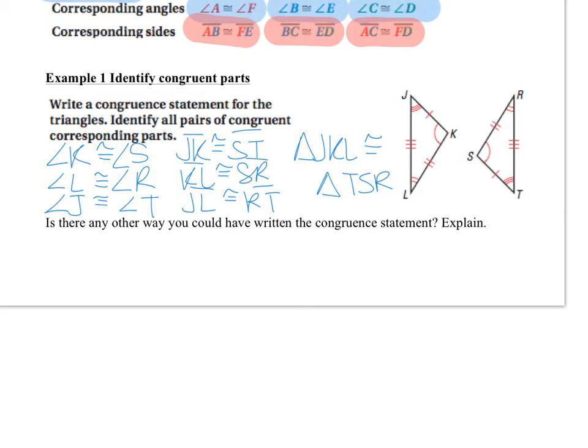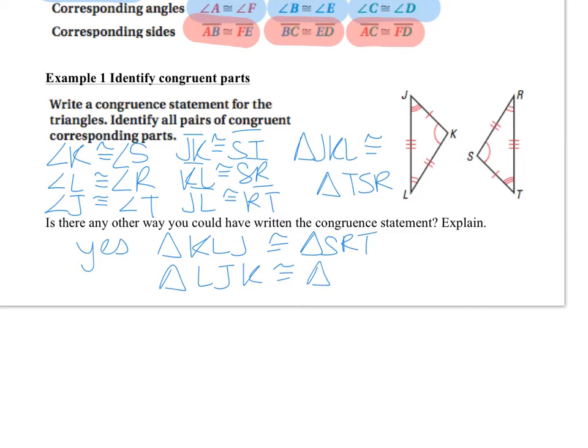Yes, you could have written triangle KLJ congruent to triangle SRT, or you could have written triangle LJK congruent to RTS.